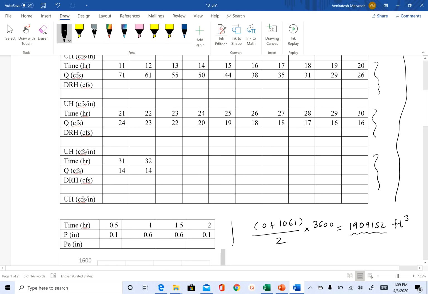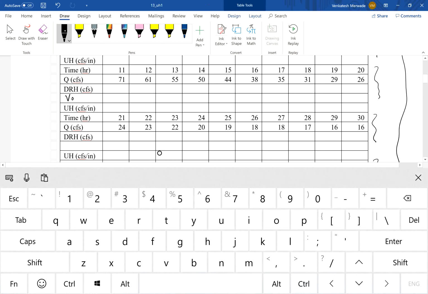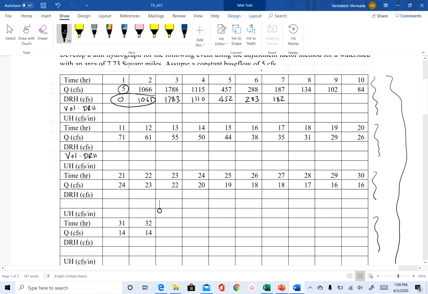So what I can do is I can just say volume of DRH in cubic feet here. So our first number was 1909152. Let's do one more and then you know the drill.